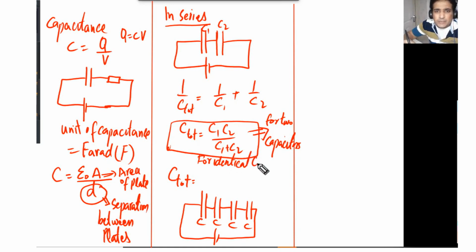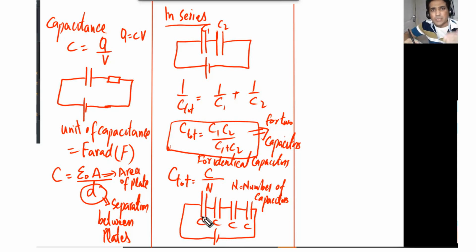So if we have n number of capacitors, simply you can divide C over n. N is number of capacitors. So if you have 4, n will be 4 and so on. So simply we can use this one.